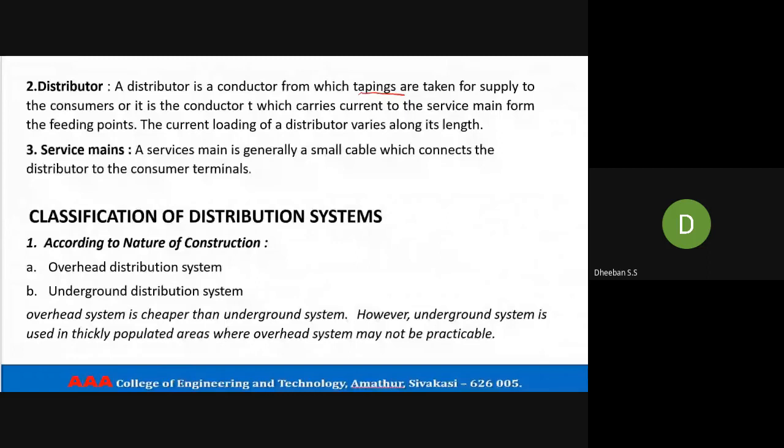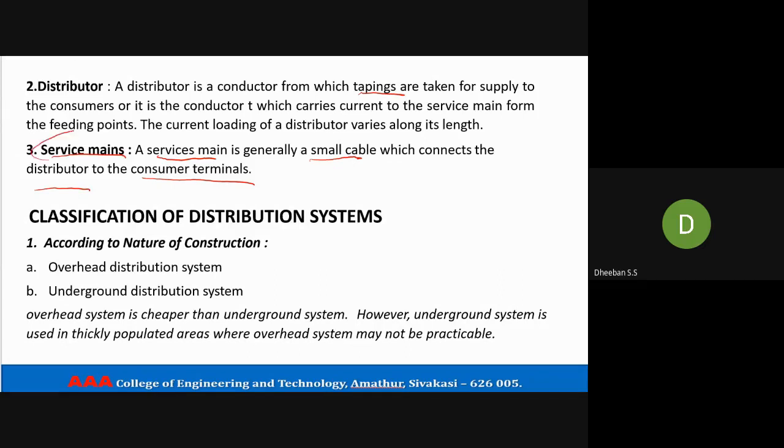Here there is also the service mains. The service mains are nothing but a small cable which connects the distributor to the consumer terminal. That is the power which is reaching your house. You might have seen the main distribution box at the front of your house.